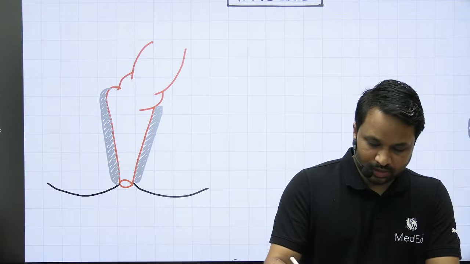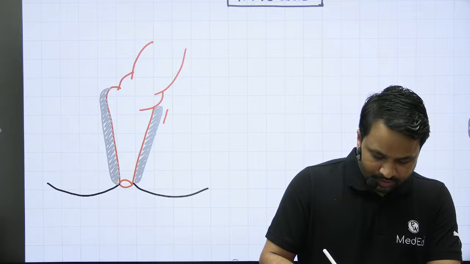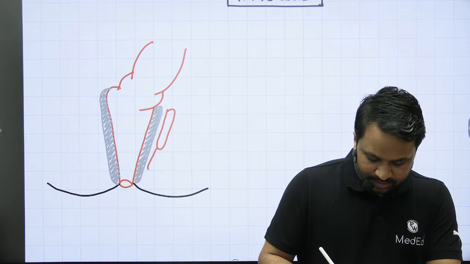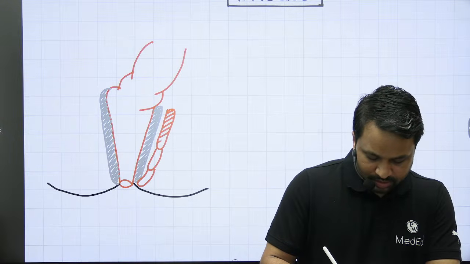Then on the outer surface, you have the external anal sphincter. The external anal sphincter is a continuation of your pelvic floor muscles, so it is skeletal in origin.